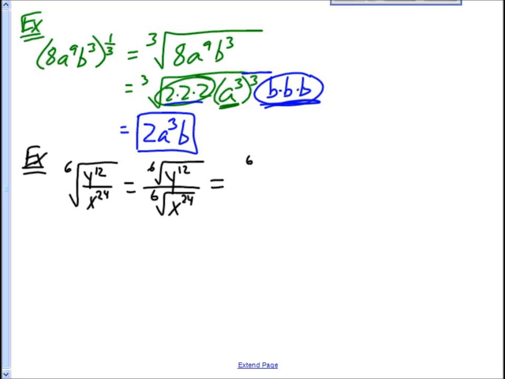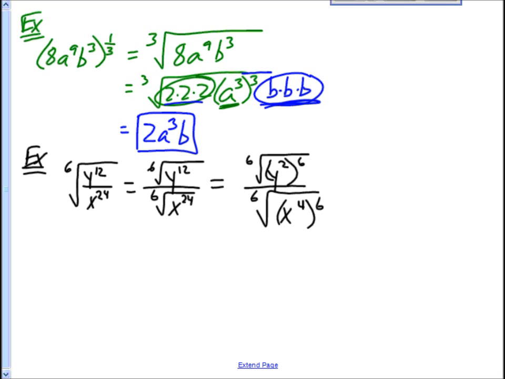So I have the 6th root, write it this way, and then right down here I want to again write it as x to the something to the 6th. I'm trying to match that 24, hopefully have no leftovers, and I can.